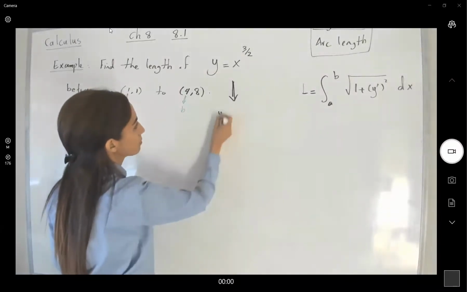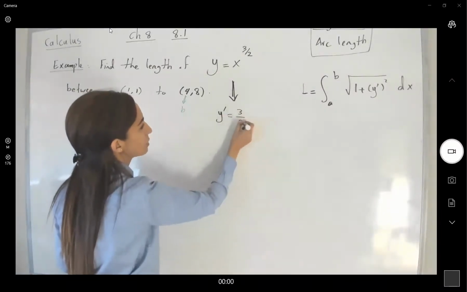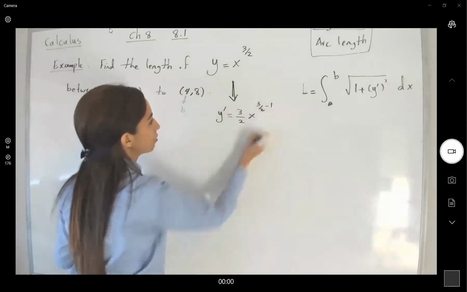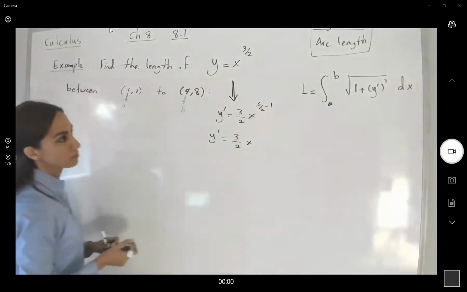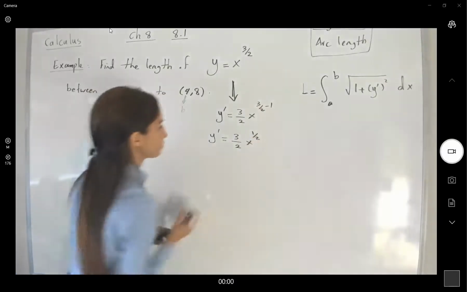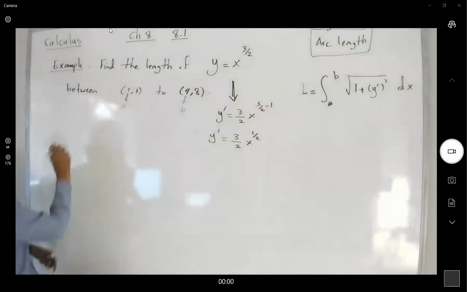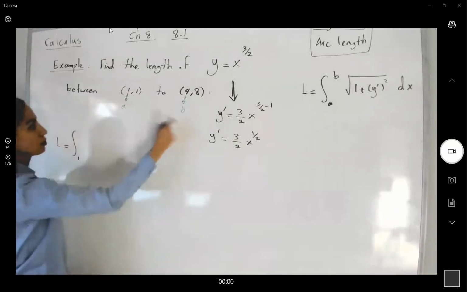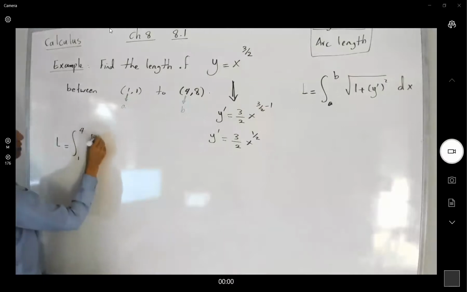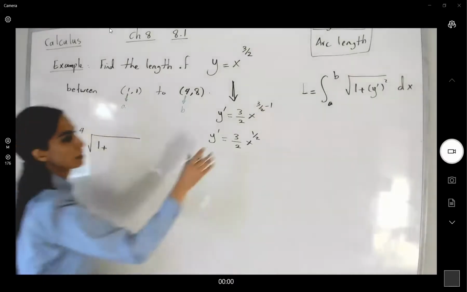My y prime is 3/2 x to the 3/2 minus 1, so y prime is 3/2 x to the 1/2.